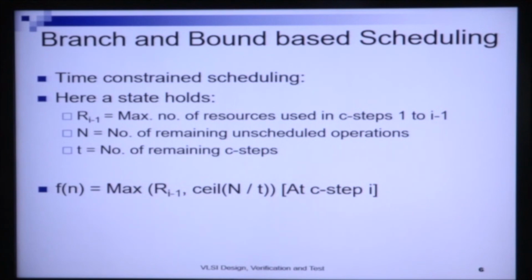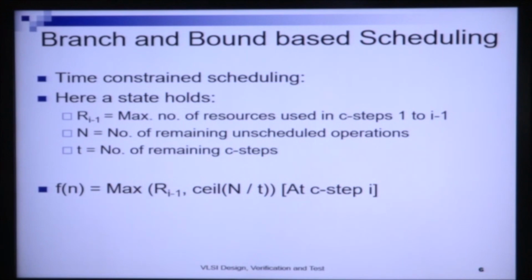Now when I am comparing with the current best solution, when will the current best solution be better than the lower bound? When the current best solution has a lower value, meaning that in that solution the maximum number of resources that I may require to use in parallel at any time step is lower than the minimum number of resources that I require for this solution.